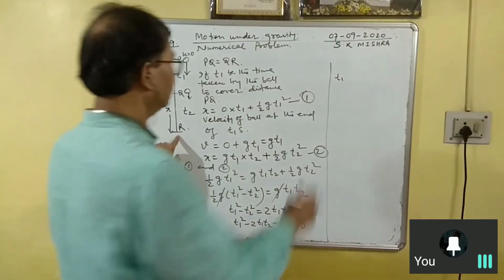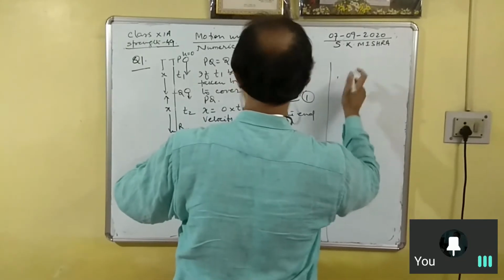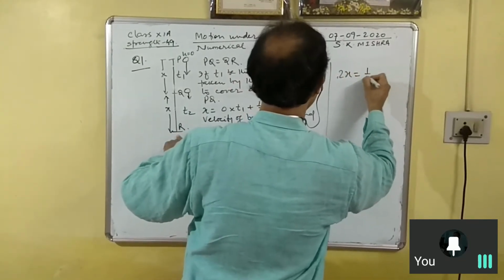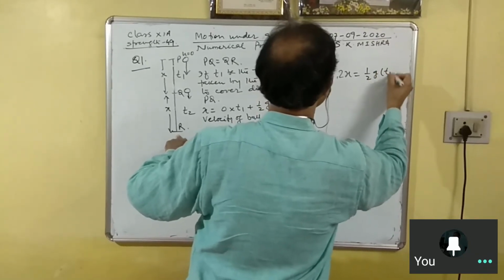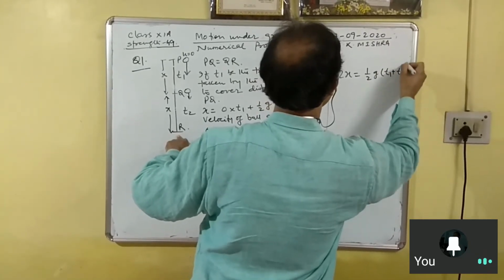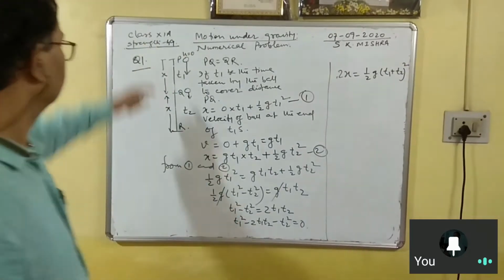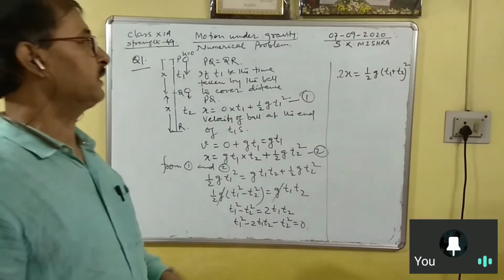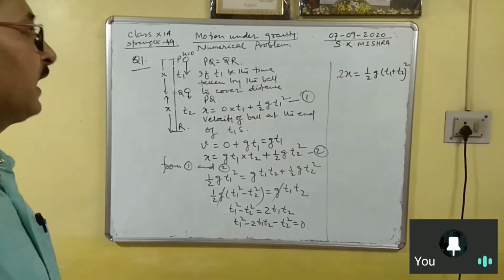So the equation may also be written as 2x is equal to ut plus half g t square. So this 2x is equal to half g (t1 plus t2) square.